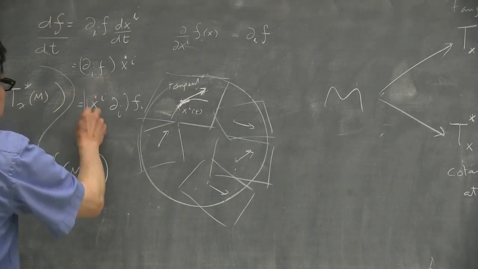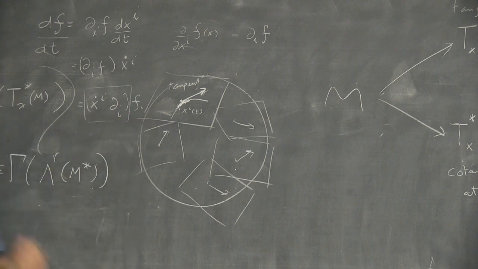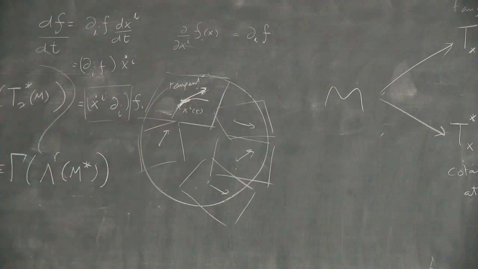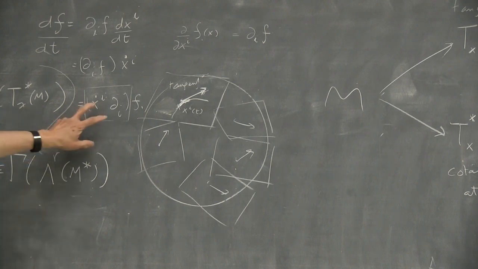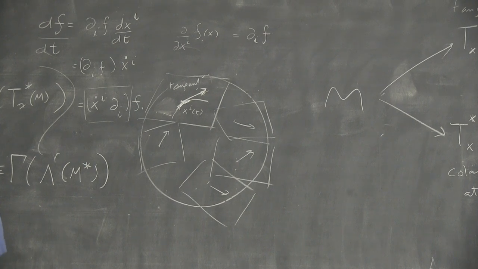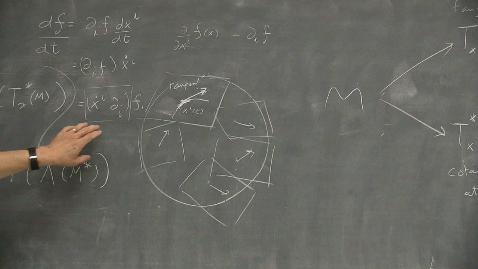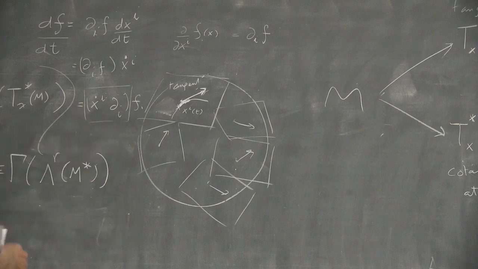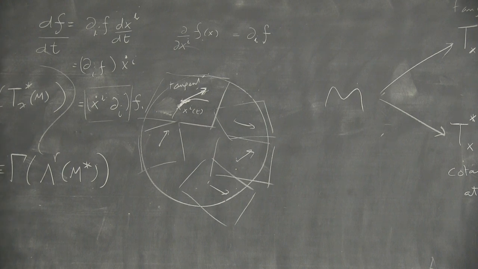But if you look at this object in here, just by looking at the structure of the index positions, and the i is to be summed over, one up, one down, and so therefore it's like a scalar product, okay? Sorry, it's not a scalar product. It is like writing some vector v as vi ei, like so, okay?